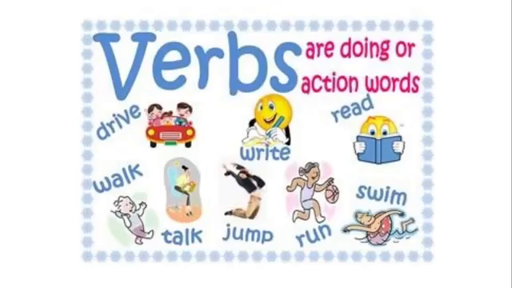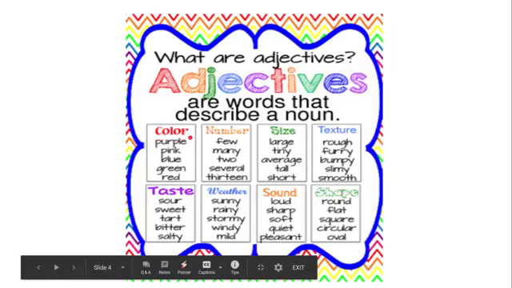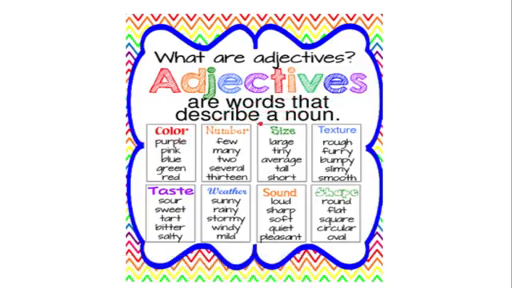Number 3, adjectives. Adjectives are words that describe a noun. For example, beautiful girl. Beautiful here is a word that describes the noun girl. So beautiful here is an adjective.